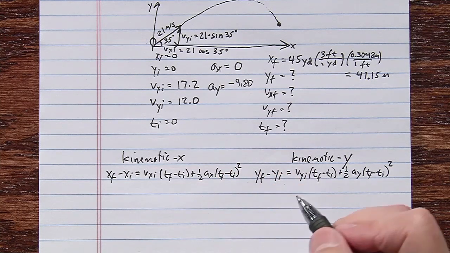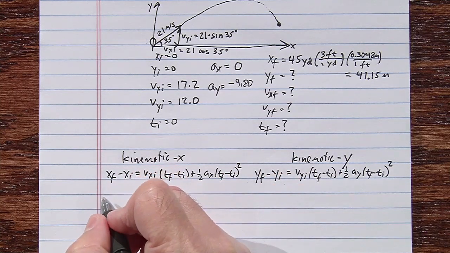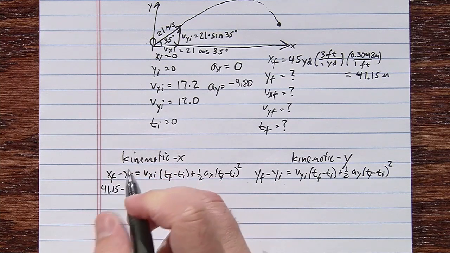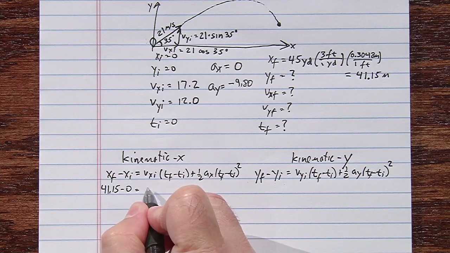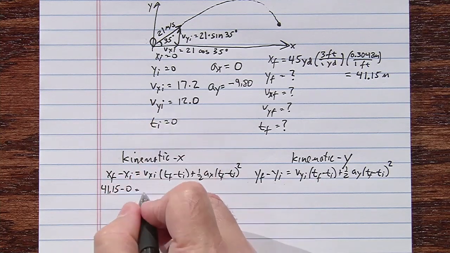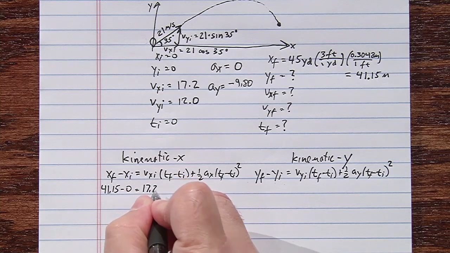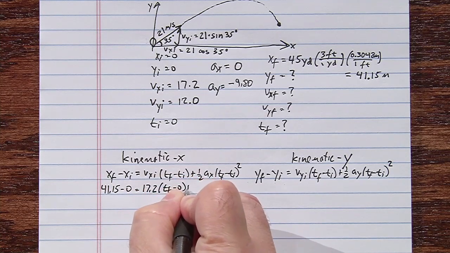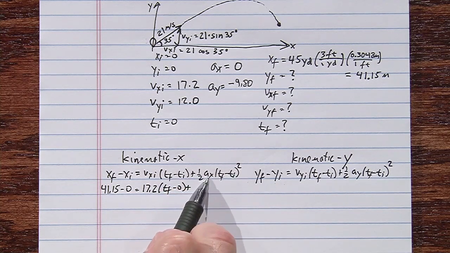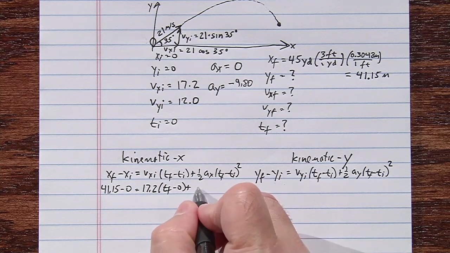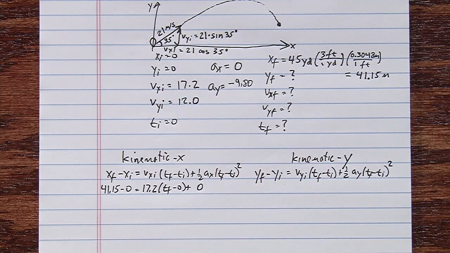X final is 41.15, so 41.15 minus 0 is equal to Vx initial, which is 17.2 times T final minus 0 plus, and since AX is equal to 0, this whole term is going to be 0. So I'm just going to write 0 to avoid confusing the issue.